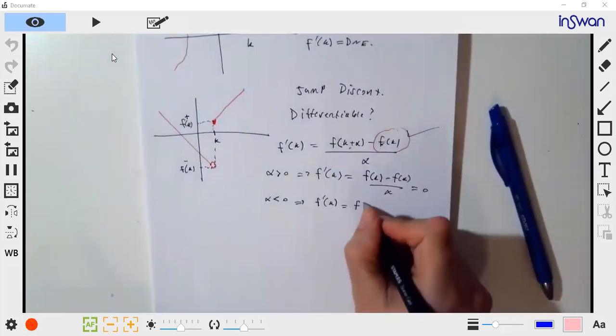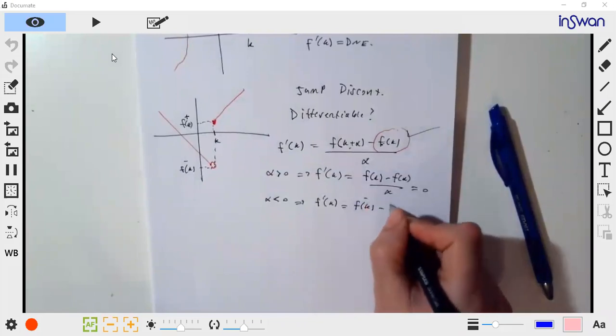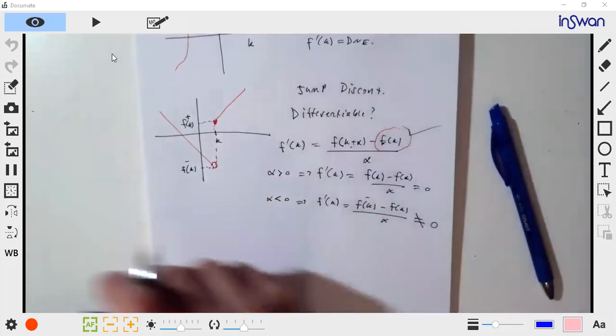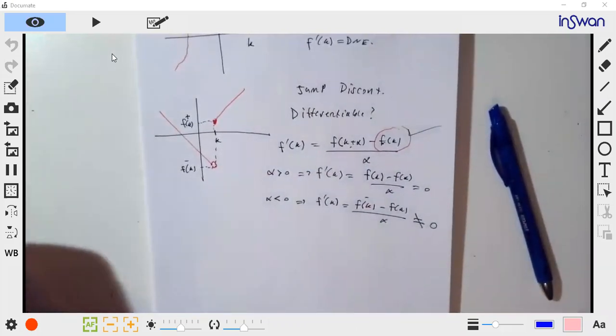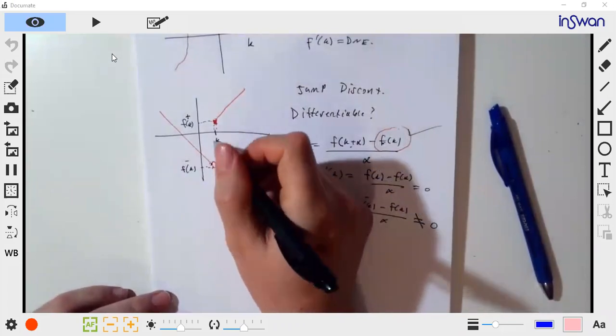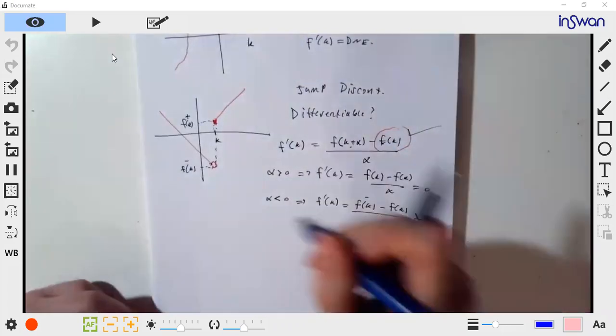This becomes f of k minus f of k all over alpha, and this does not equal 0. So what happens here is that between these 2 points, the slope of the tangent line would have to be infinite.